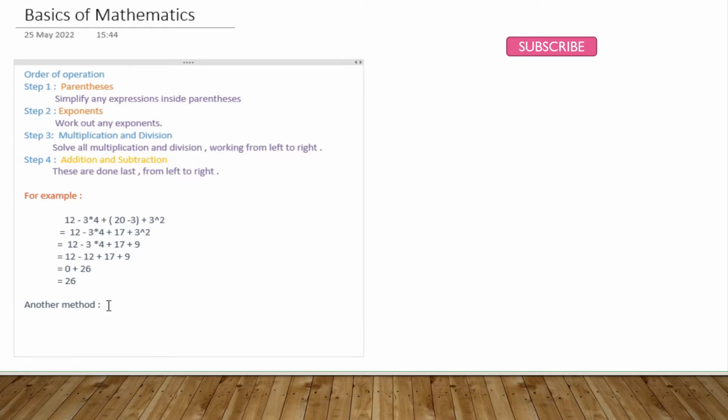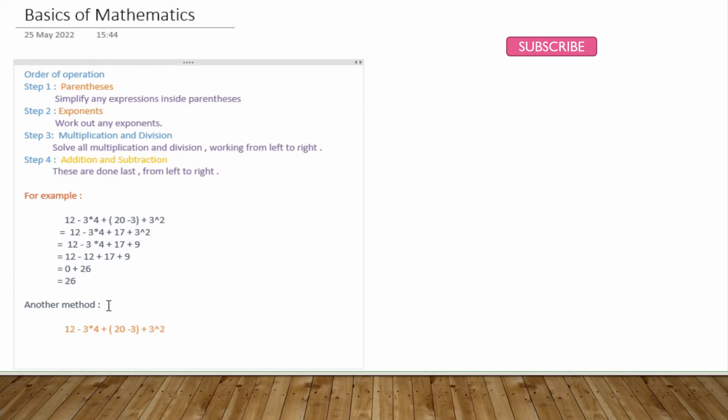The question: 12 minus 3 into 4 plus, in brackets, 20 minus 3, plus 3 square.